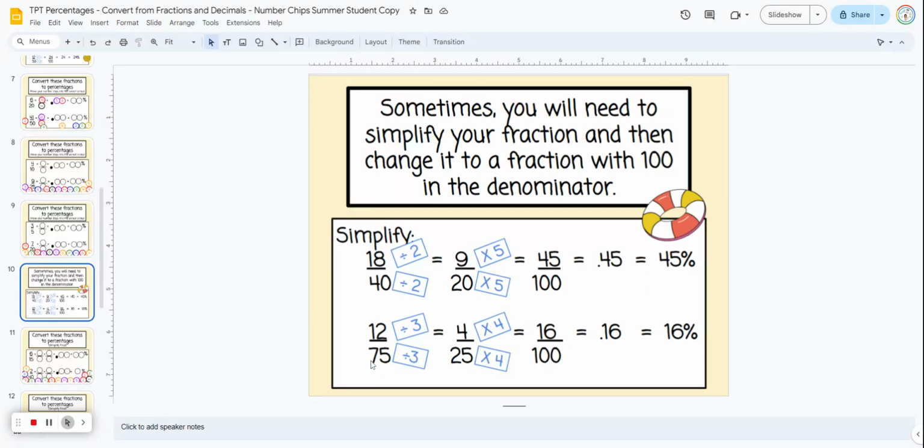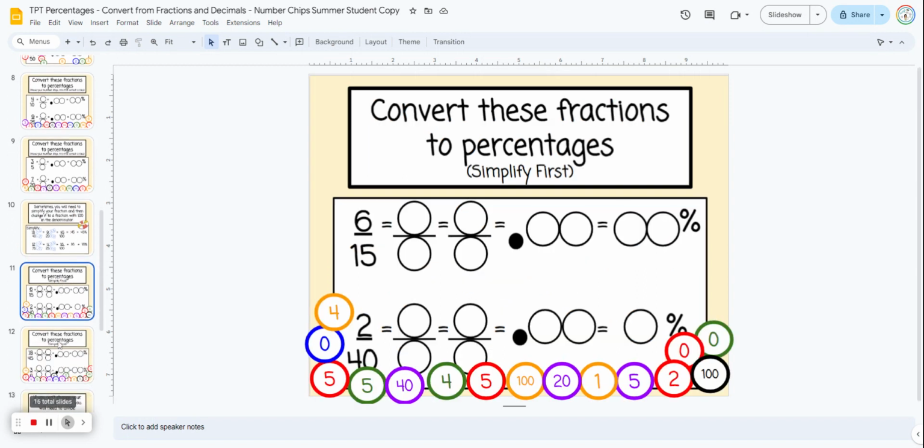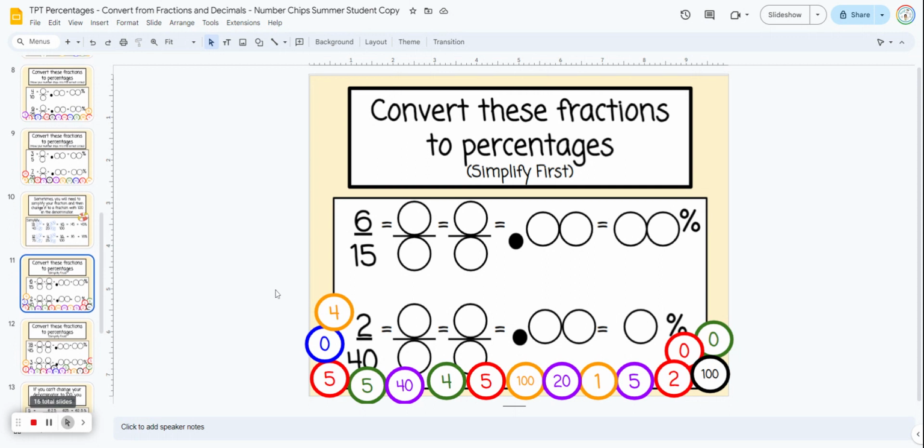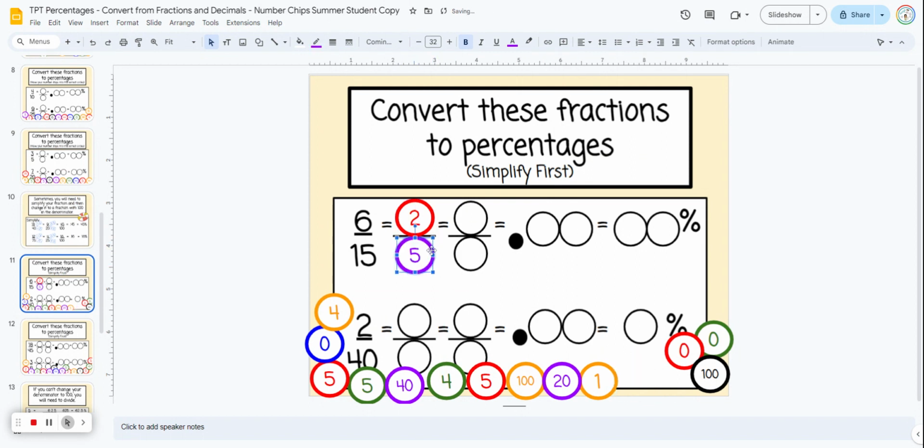So again here, we want to simplify first. So they're going to be doing this on the next 2 slides. If we simplify here and we divide numerator and denominator by 3, we get 2/5. And it doesn't matter what color. Now we can change it to an equivalent fraction with 100 in the denominator by multiplying by 20.